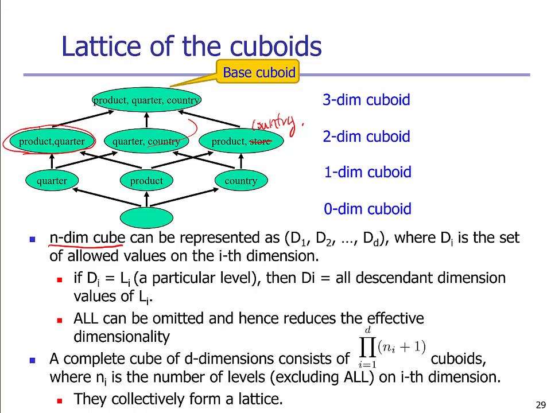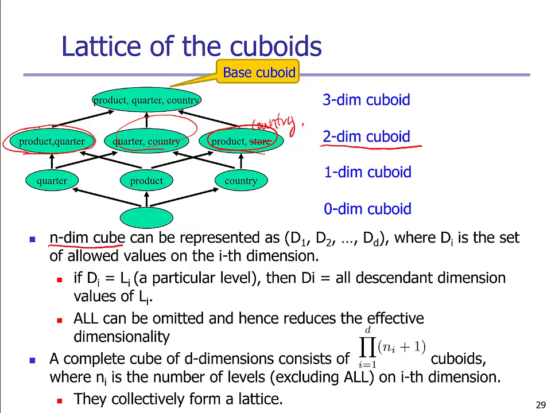Similarly, this is the cuboid across different quarters and different countries, right? So the aggregation to all is on top of product. Here the aggregation to all is on top of quarter, so it's across different products and different countries, and so on and so forth. Basically, we call them two-dimensional cuboids because they have a degree of freedom of 2.